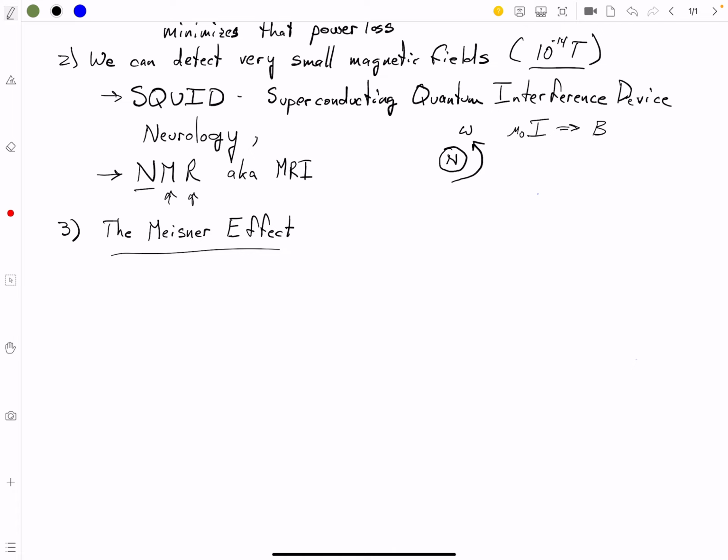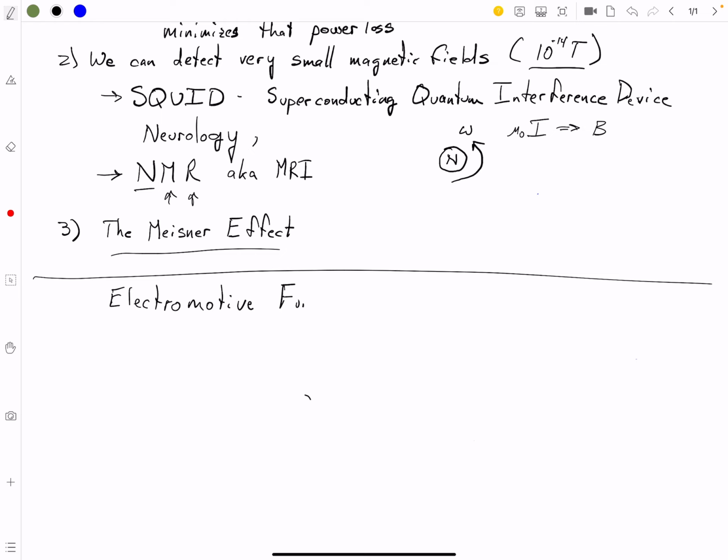Okay, so nice. Let's get into why current flows. So we've got this electromotive force.